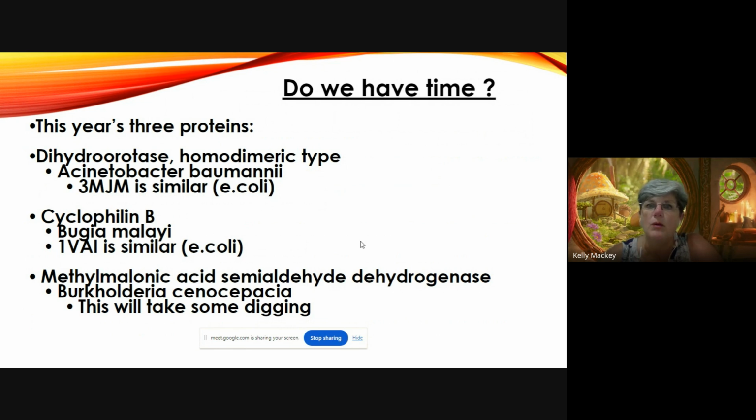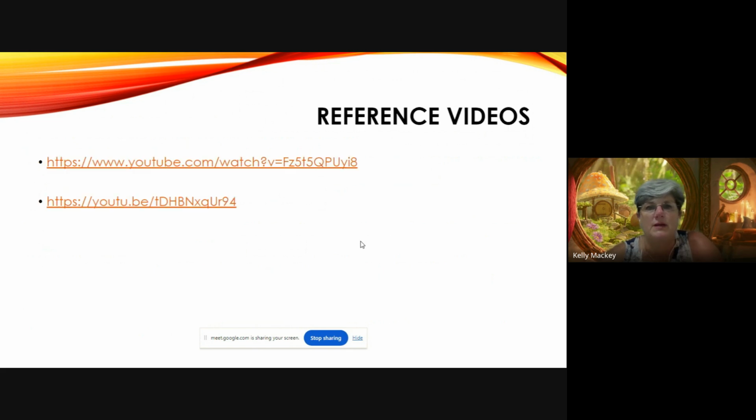This has almost nothing. There were some semialdehyde dehydrogenases. There was 1 methylmalonic acid that popped up, but it looked like it had a lot going on. This is going to take some digging to work with, which could wind up being really interesting for people. But that's the direction we'll be going in with our 3 proteins, and more on those later next week.